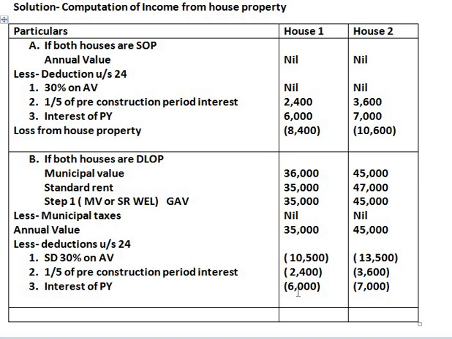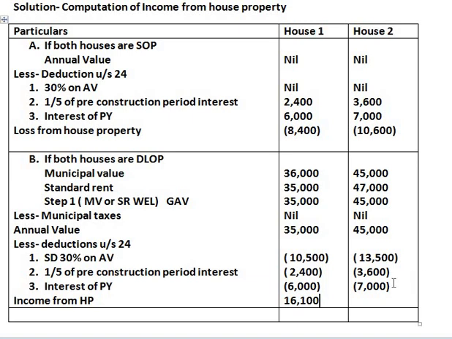So from 35,000 minus all these figures, we get income from house property. Here we get 35,000 minus 10,500 minus 2,400 minus 6,000, we get 16,100.